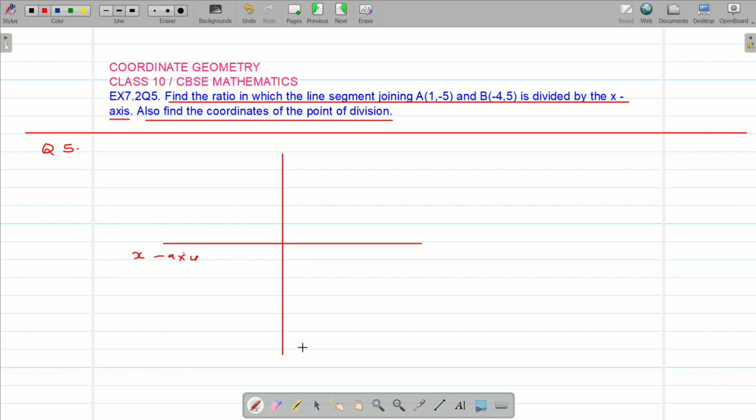I am just drawing this figure to explain. Horizontal one is the x-axis and the perpendicular one is the y-axis.